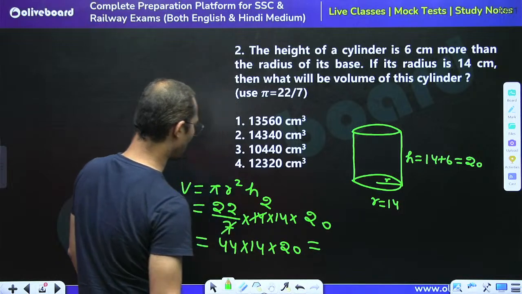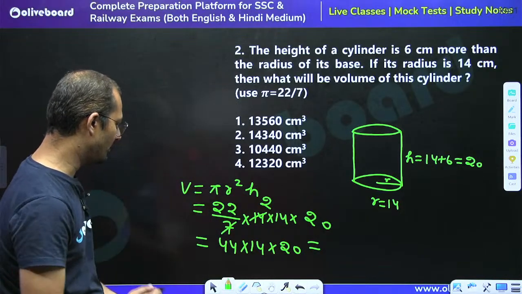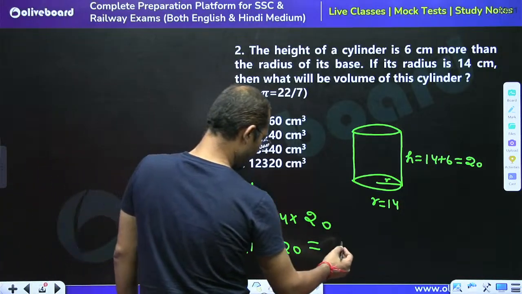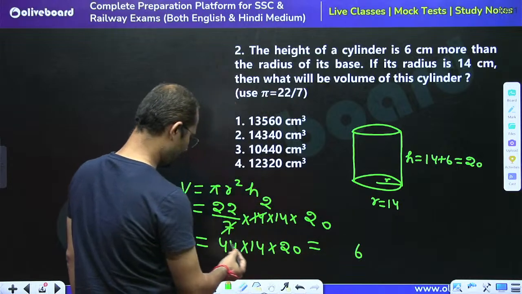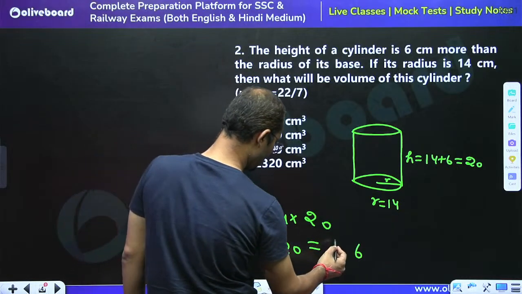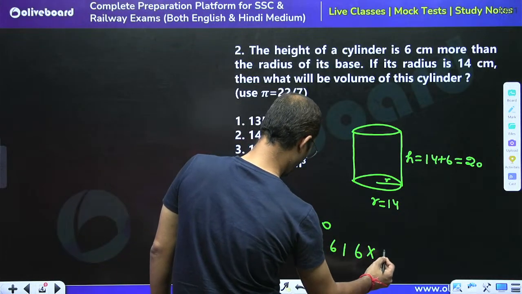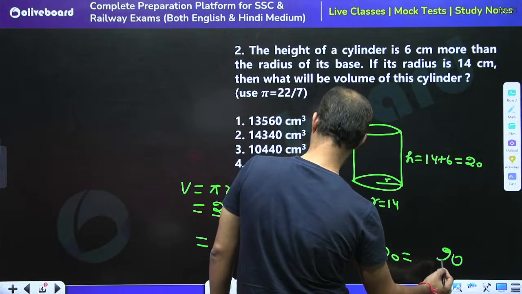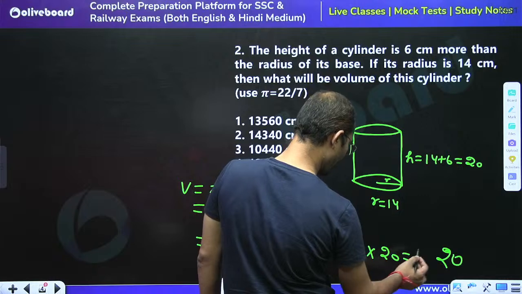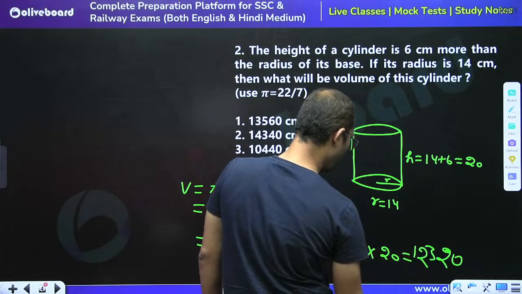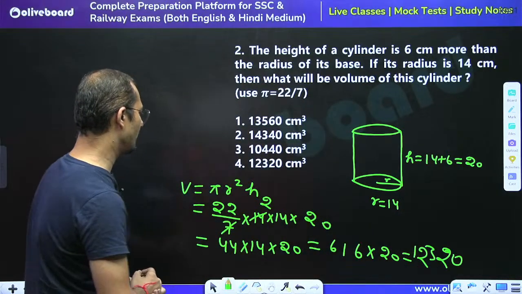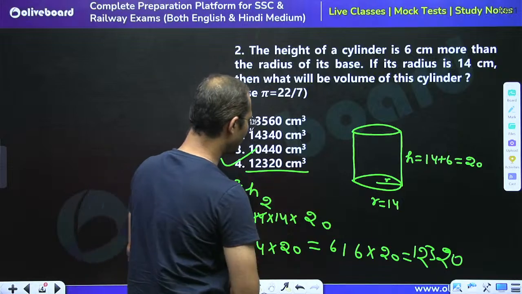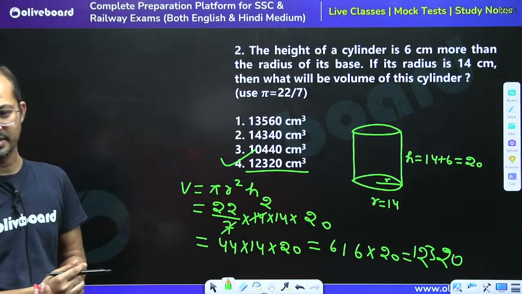So after solving this we will get, tell me how much? 20, so we will get 0. 2 carry is 1, 3. So we can say that 12320 is the right answer. So 12320 centimeter cube is the right answer.